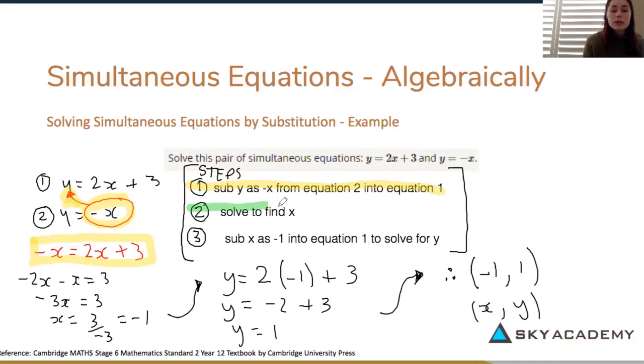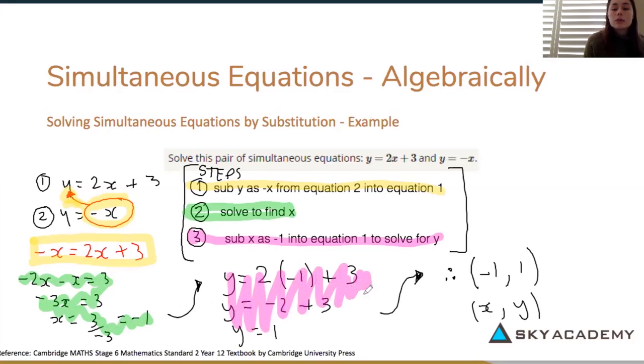And that's what we did in green. And we found x to equal -1. So once we've found what x equals, we then have to find what y equals. And we do that by subbing x as -1 into equation 1 to solve for y.